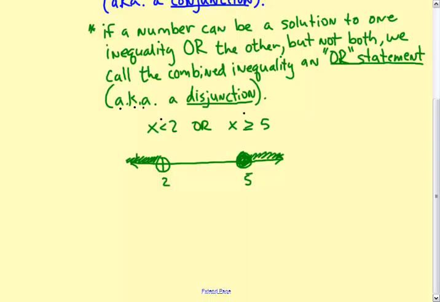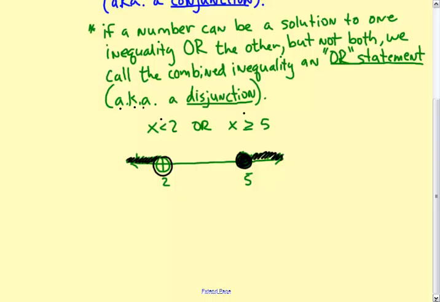Now there are no numbers that satisfy both of those at the same time, okay? If we graph them, you can see that the 2 is open because it can't be equal to 2, and then we're shading in this direction. Over here on the right, we do shade in 5 because it can be equal to it, and it's got to be greater than that.